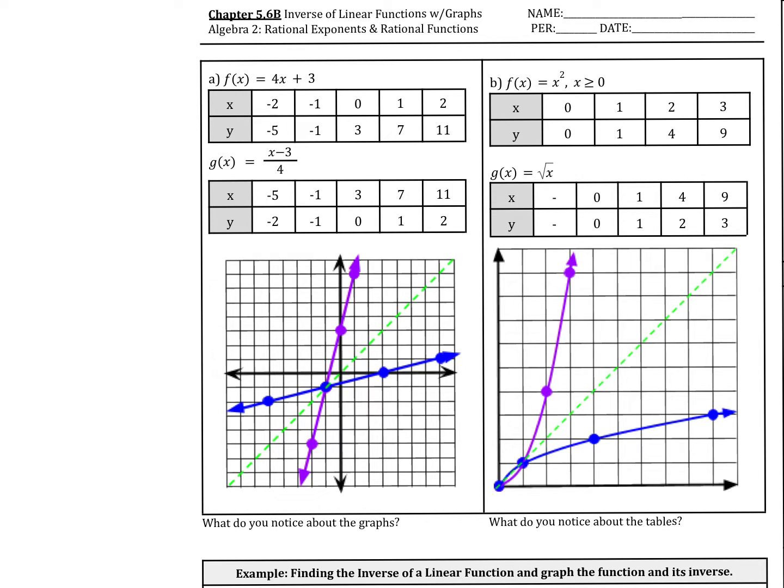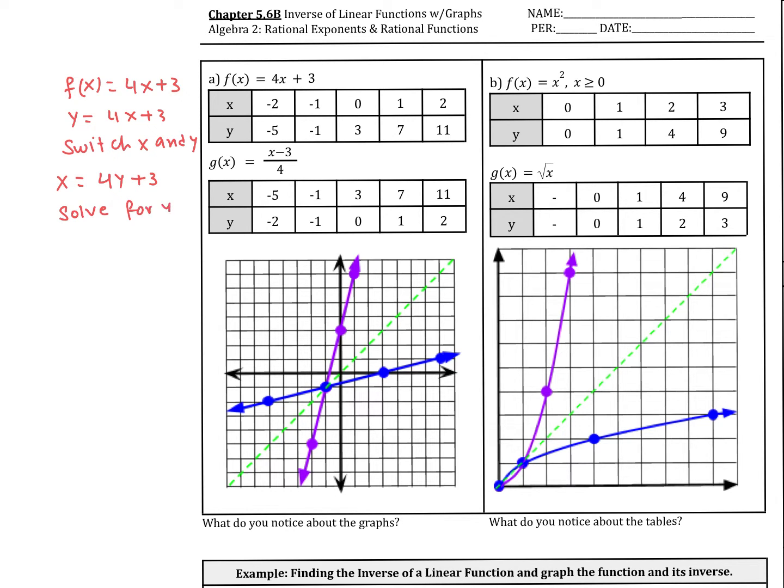Let me remind you, you have here f(x) equals 4x plus 3. You set that equal to y, and then you switch x and y. So you got x equals 4y plus 3. And then you solve for y.